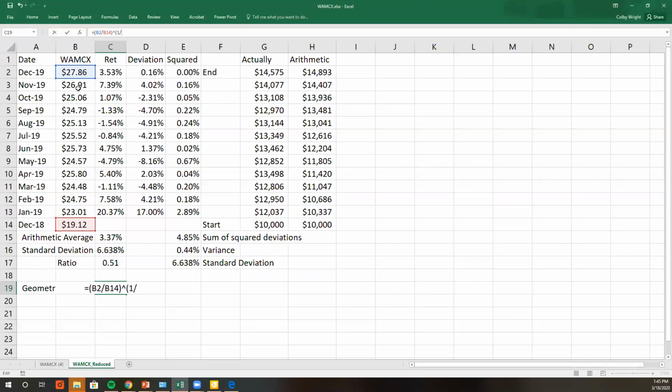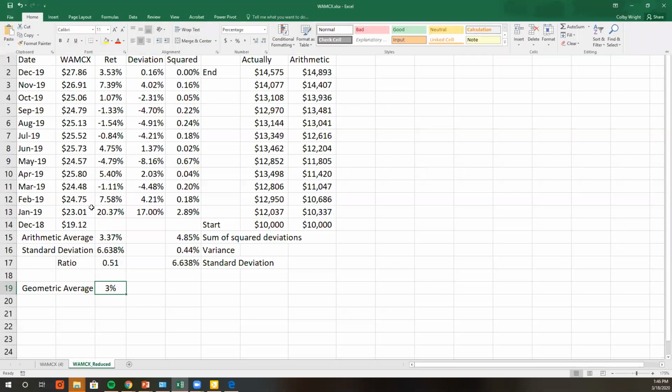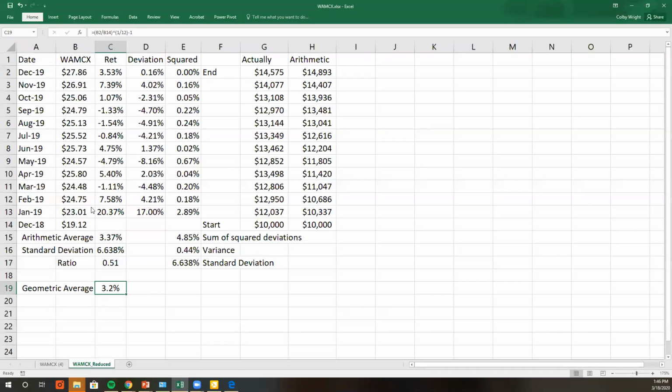There are 13 prices, but only 12 compounding periods. There are only 12 growth periods. So you want to use the number of compounding periods, not the number of prices. Okay, after that, subtract 1, turn it into a percent, Alt-H 0. Okay, great. So there is our geometric average return.